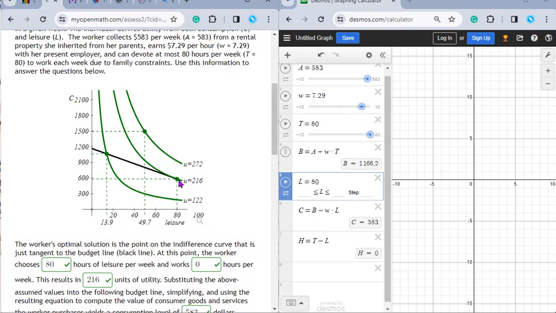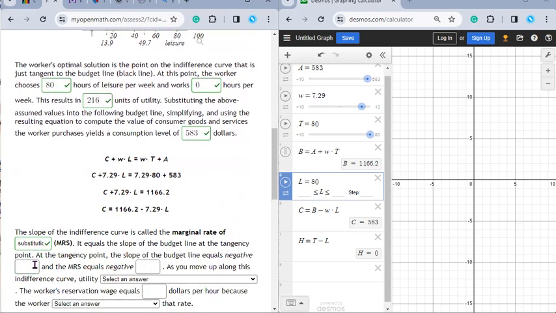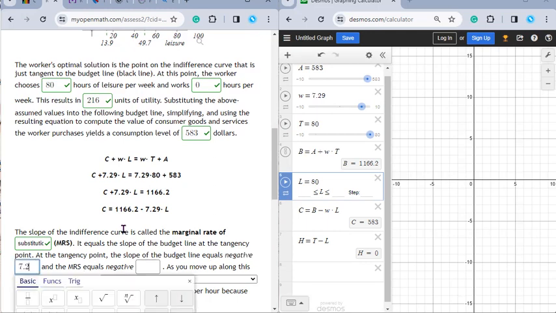At this point, the slope or the marginal rate of substitution of the indifference curve equals the slope of the budget line. The slope of the budget line is called the economic rate of substitution, and it's equal to the wage rate, and it's constant. So the slope of the budget line equals negative 7.29.